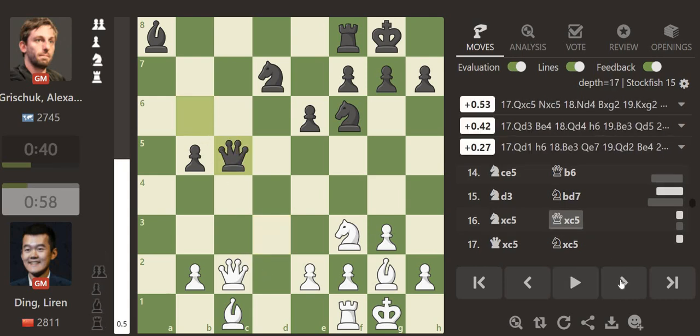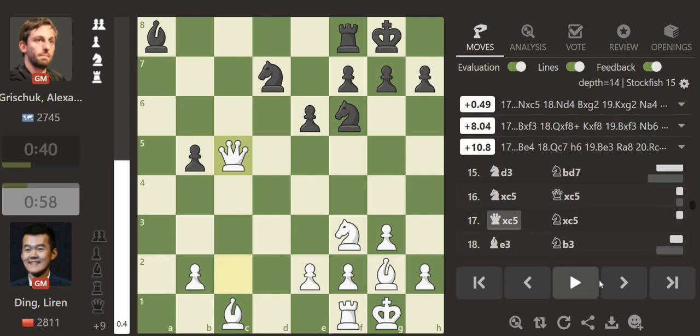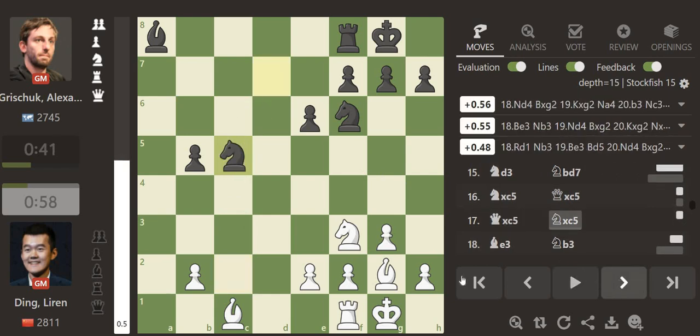And now we have this capture. And now we have this capture here. And now the best move for white here is just bishop to e3, so you can attack the knight.